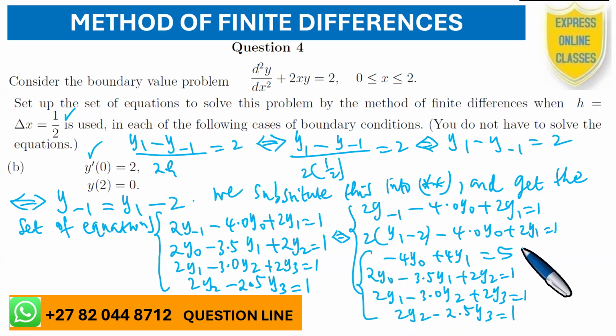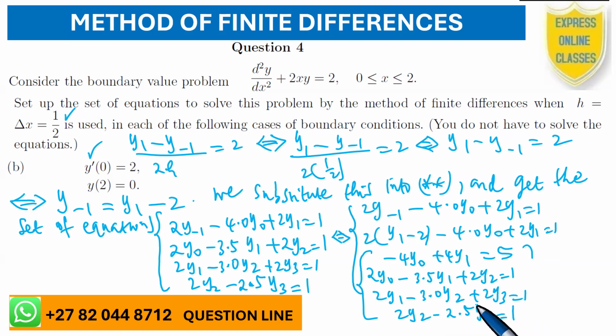Okay, so the equations that we shall get are these ones. And then you would have this set of equations. How many unknowns are there? There's a y0, there is a y1. There are 1, 2, 3, 4 of these equations. y0 is the first unknown, the second unknown is y1, the third unknown is y2, the fourth unknown is y3.